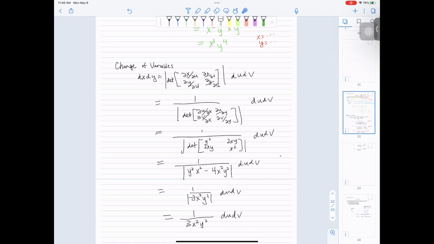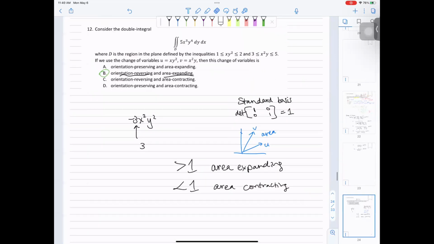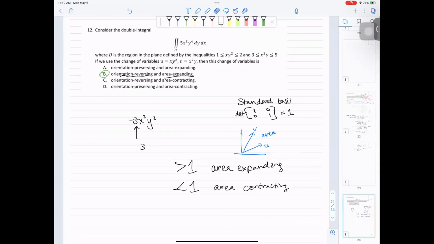Oh, I guess actually, because we could do 1 over that, and then we would get a third. But maybe someone else on Ed Discussion can confirm. For reference, there's no answer key, so I don't know the correct answer. This is just my work that I am doing and sharing with you guys.